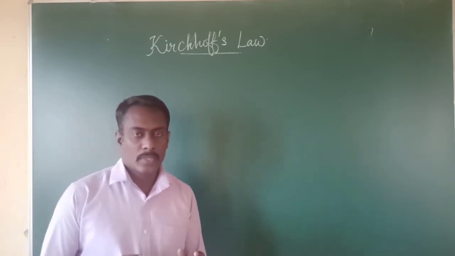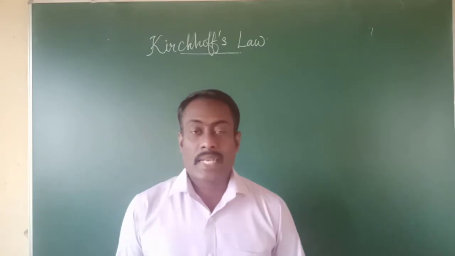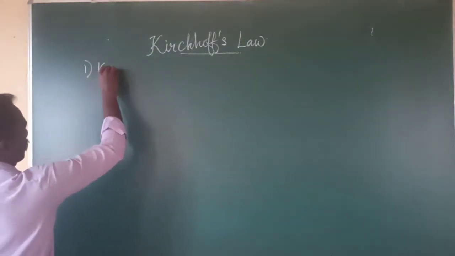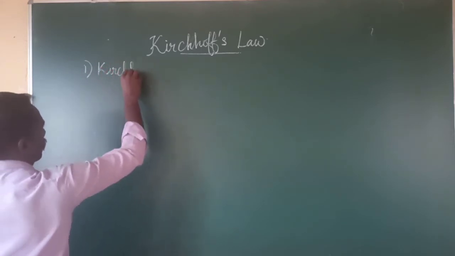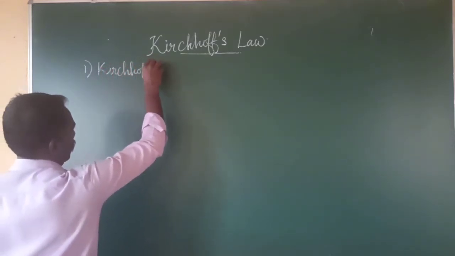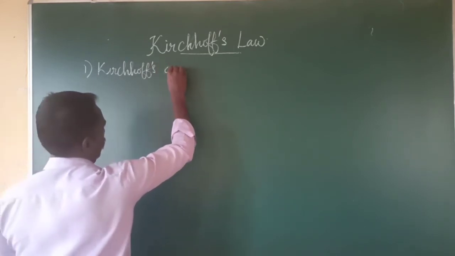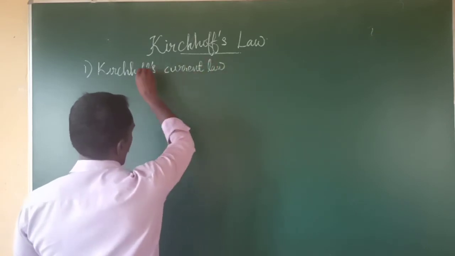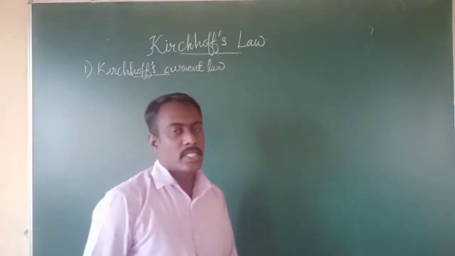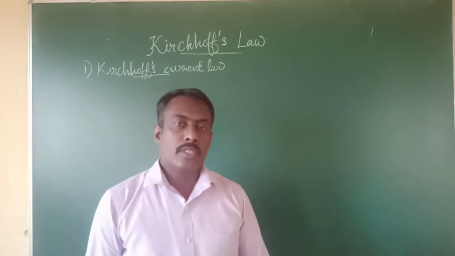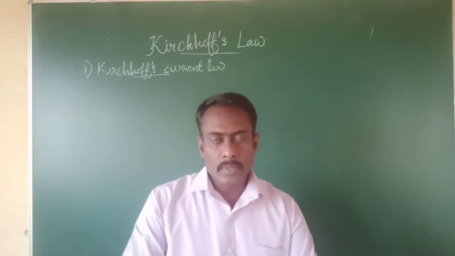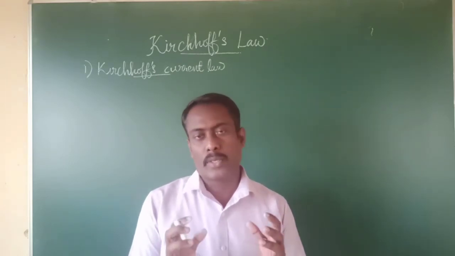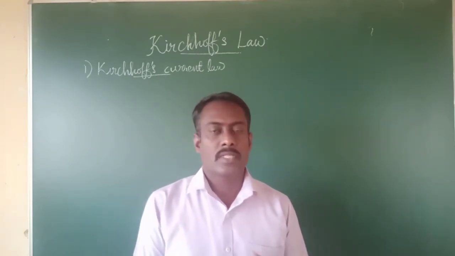The first one is Kirchhoff's current law. And what is Kirchhoff's current law? According to this rule, the total current flowing through a junction or a node of a circuit is zero.